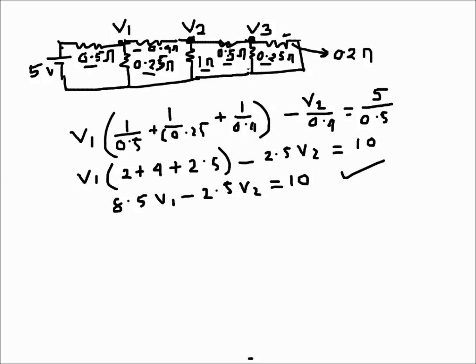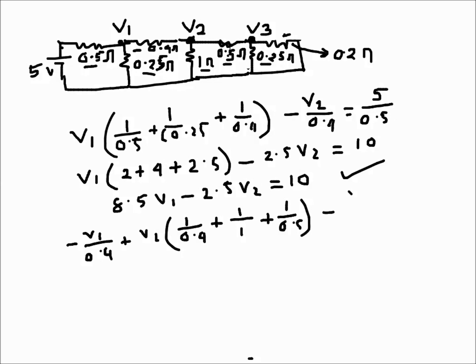Similarly for node 2, V1 will come as negative with the resistance 0.4, plus V2 will have 1 over 0.4 plus 1 over 1 plus 1 over 0.5, and then negative V3 over 0.5.